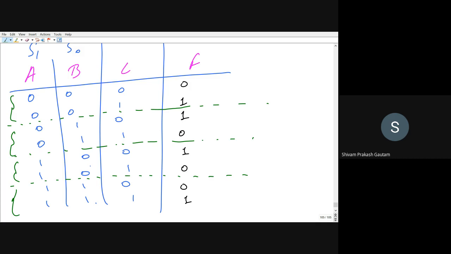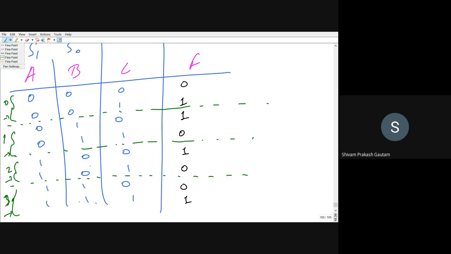So you can select them as 0, 1, 2, and 3. If you see only A and B, not C, in the first case it is 0, 0, in the second case it is 0, 1, in the third case it is 1, 0, and in the fourth case it is 1, 1. The binary equivalents are 0, 1, 2, and 3.